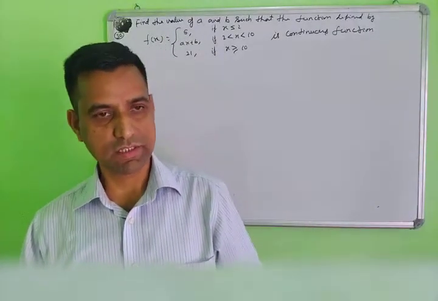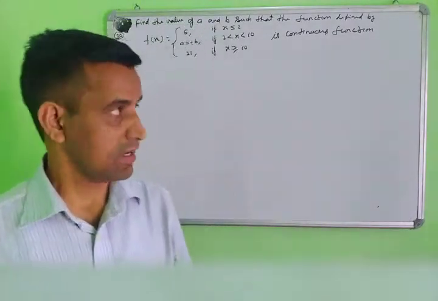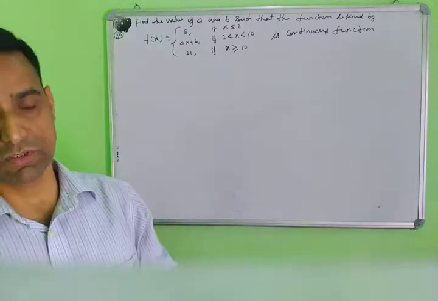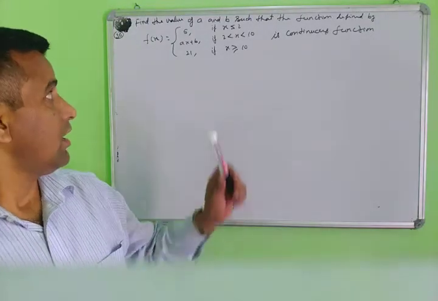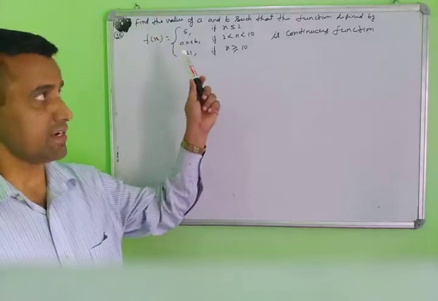Yes students, I am taking the next question here. In this exercise, question number 30. This is also an important question and a different type of question. The solving method is the same, but the type is different.